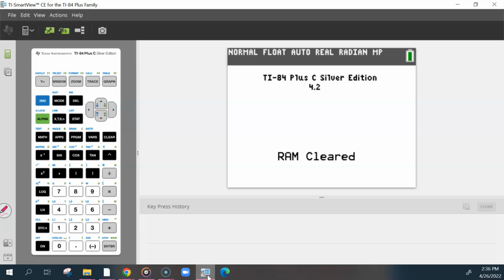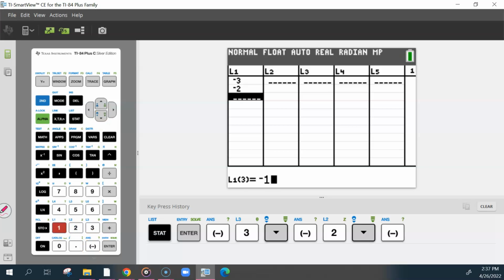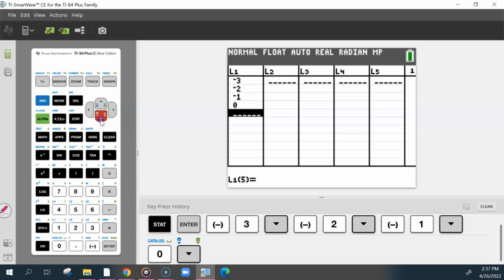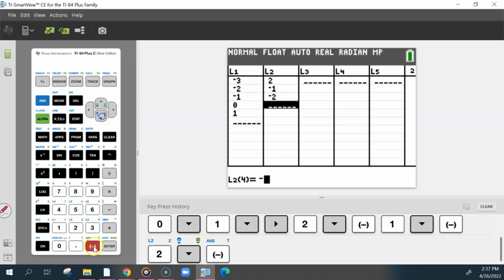So in our calculator, we would go into stat, go into edit, and then start typing in our L1, L2. So negative 3, negative 2, negative 1, 0, 1, and 2, negative 1, negative 2, negative 1, 2.